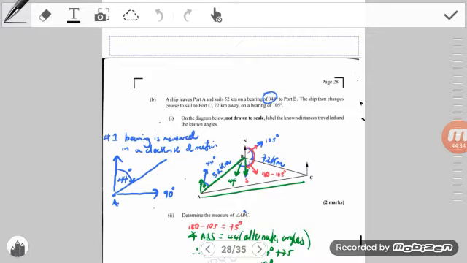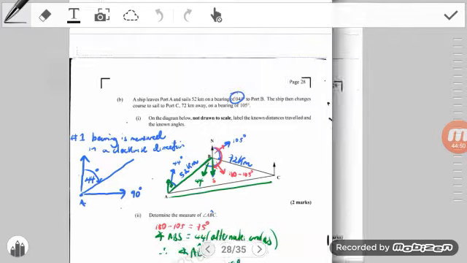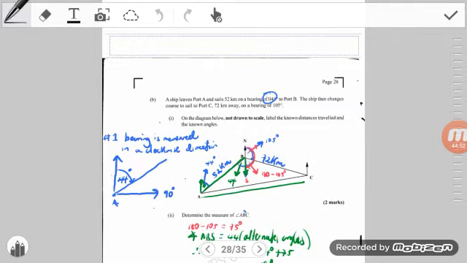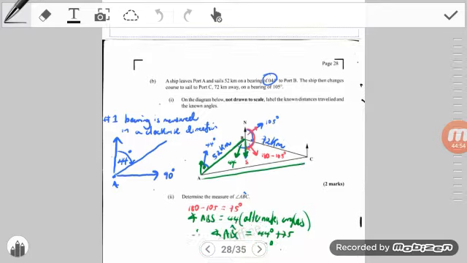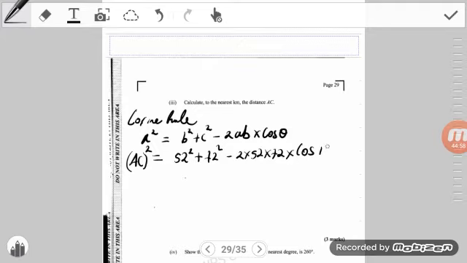So 72 squared, minus 2 times the A, we called it 52, times the B, we called that 72, times the cosine of the angle made by the two sides. We calculated that earlier, the angle ABC, to be 119. So times the cosine of 119.